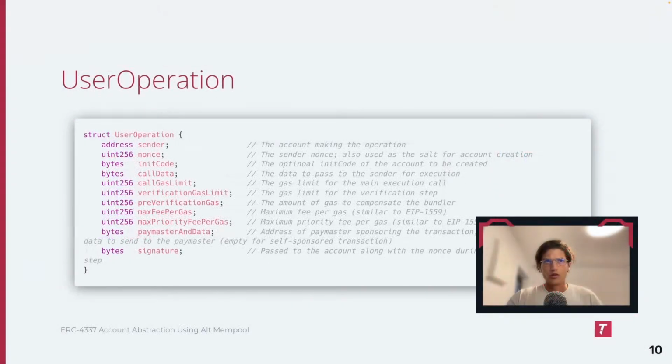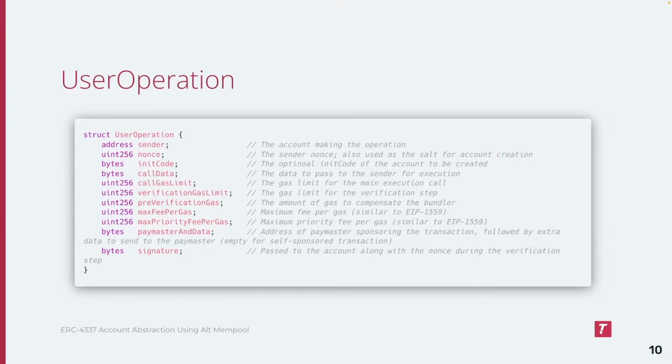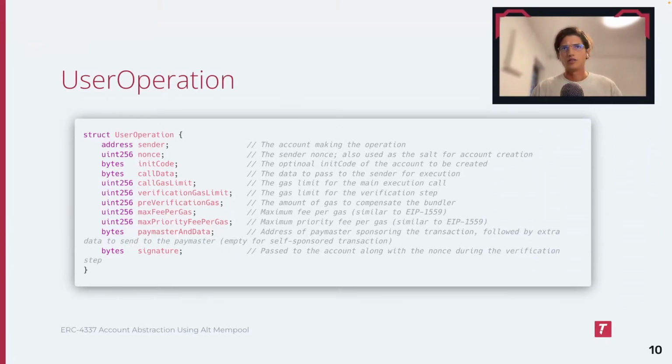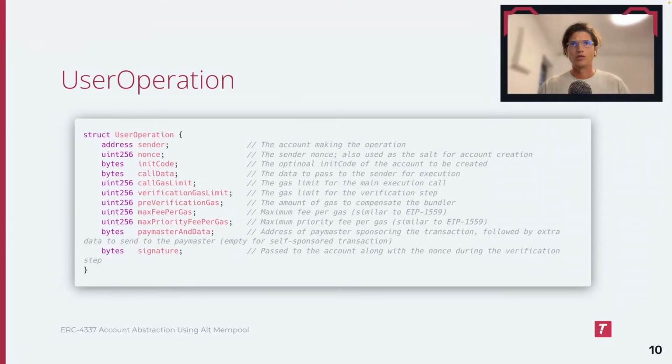So what does a user operation look like? Here we have an example of the struct in Solidity. It's fairly similar to a transaction. We see there are some additional fields. For example, there's the bytes initCode field, which basically contains the code to create a new user wallet.